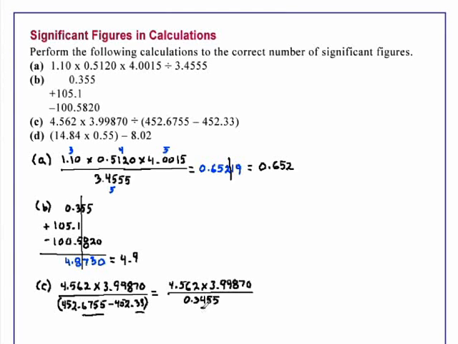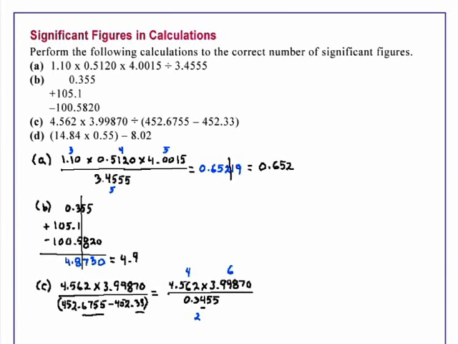And that's very important to note, because at the end of the problem we're going to round to whichever number has the smallest number of sig figs. So let's note that now. This has 2 significant figures. The numbers in the numerator have 1, 2, 3, 4. Okay, this is 4. This one is 1, 2, 3, 4, 5, 6.